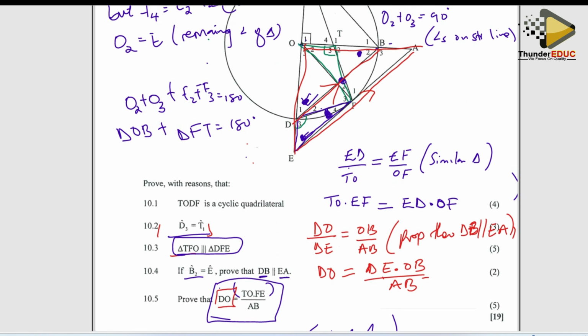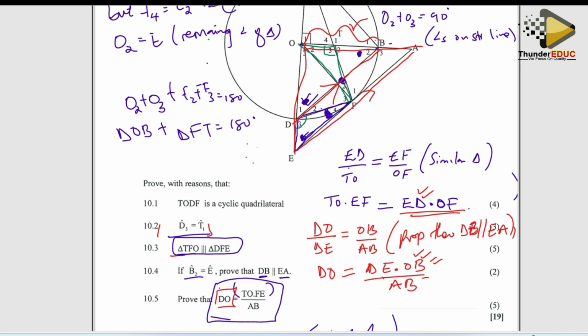Okay. Then let's see how do we break this down. We know for sure that ED is in proportion with the AB. That's okay. And then we also know that, why am I using this? I don't need this. Let me use this OB. We know that OB is a radius. OB is a radius.